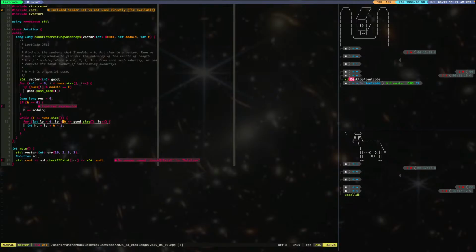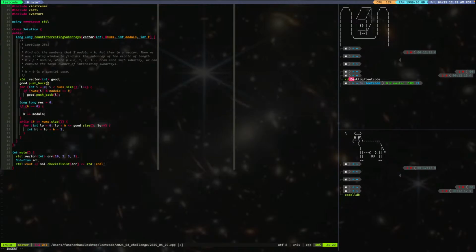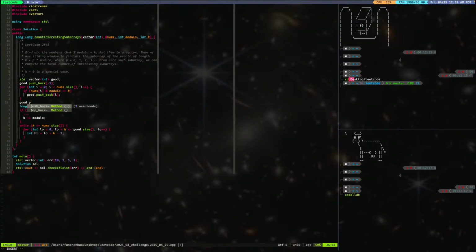And for the future is the same. So I think it will actually make things easier. If I do this, good.pushback -1 first. Once it's done, good.pushback nums.size.